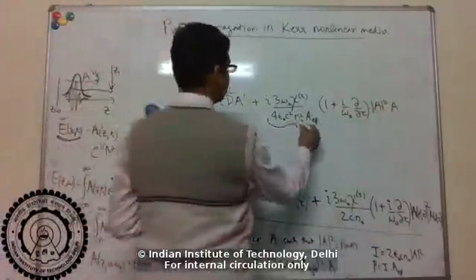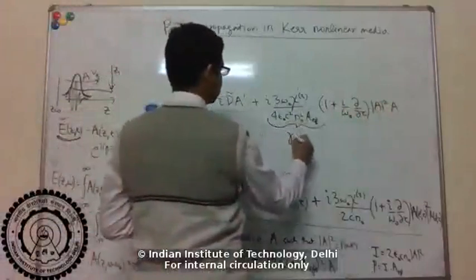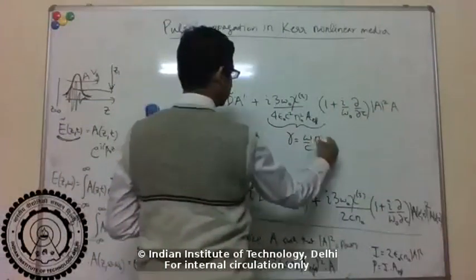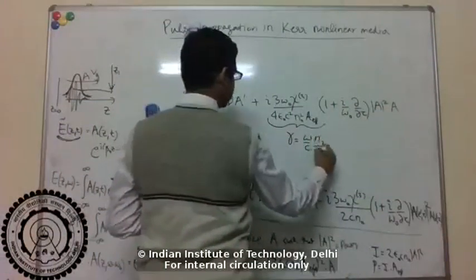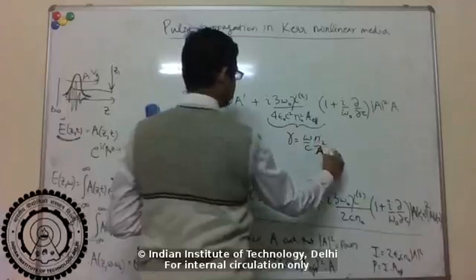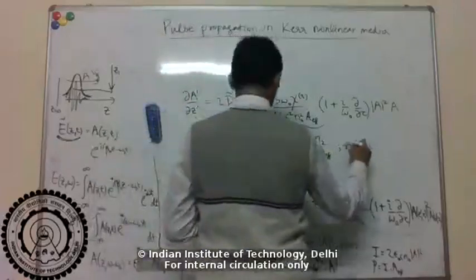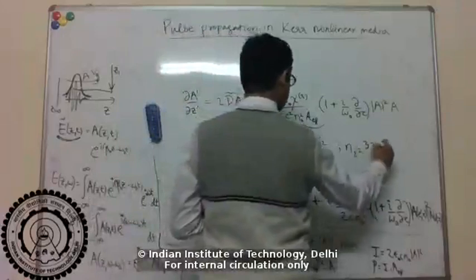And this factor here, you can check, is just gamma, the effective nonlinearity, which is omega by c times n2 over A effective, where n2 is the nonlinear index coefficient.